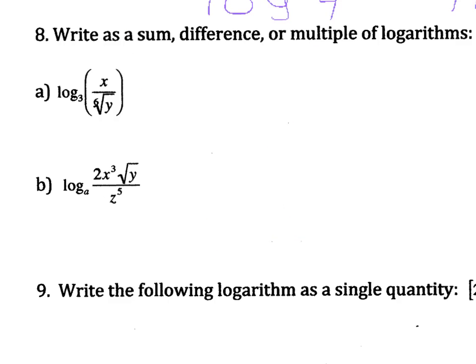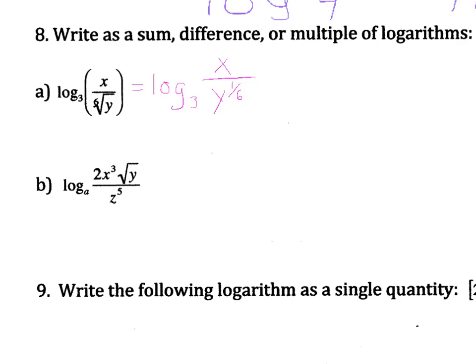For number 8, we want to expand the logarithm and write it as a sum or difference of multiple logarithms. So we notice that we have log base 3 of x divided by the 6th root of y. Whenever we see a root, we want to change it to a rational exponent. So we really have the log base 3 of x over y to the 1/6.